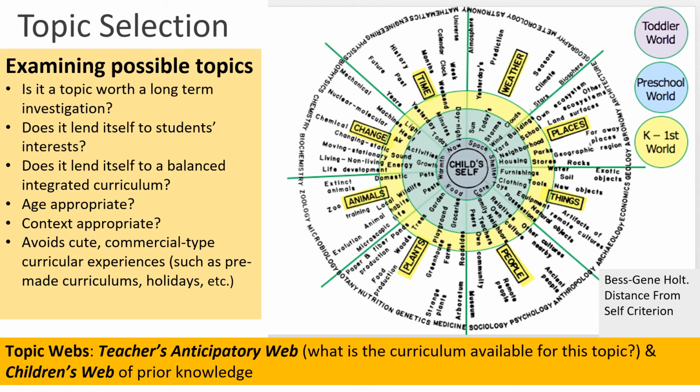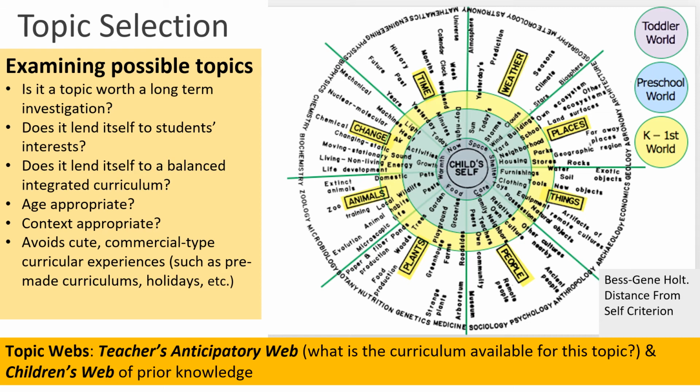So when it comes to helping us determine if the topic is going to be age appropriate and accurate to the child, we can use this wheel to help determine its accuracy in terms of the distance from the child's current understanding of their world.